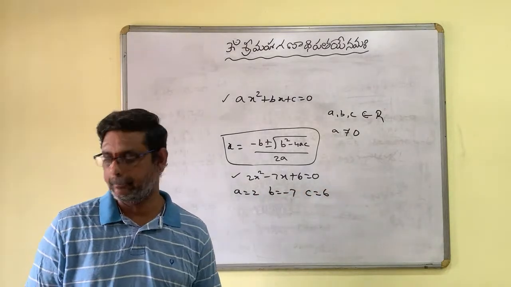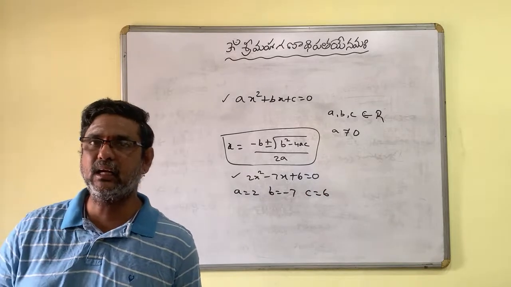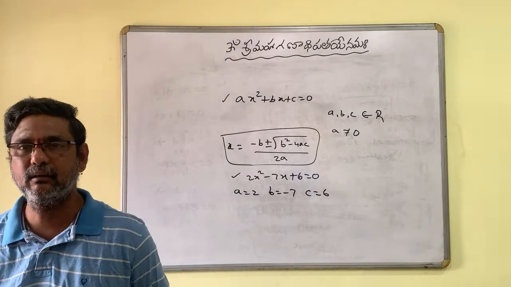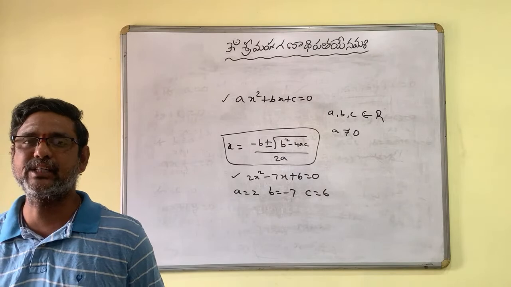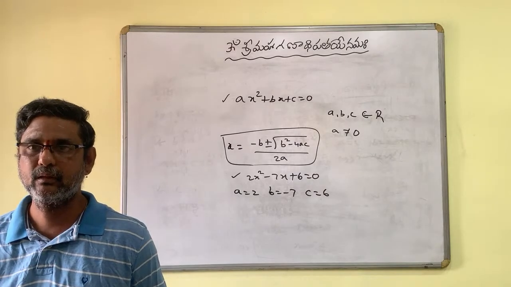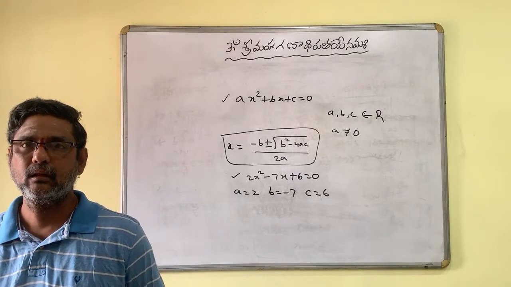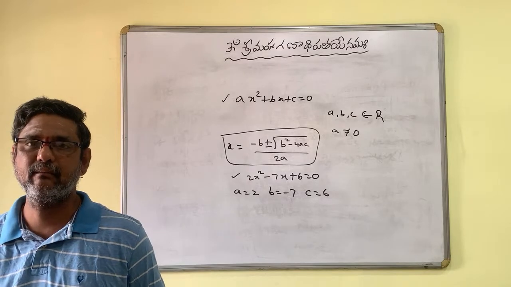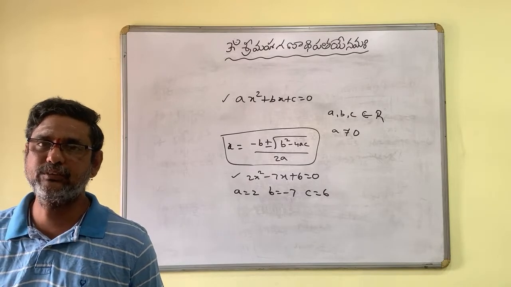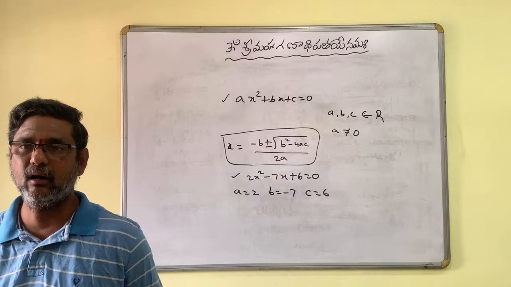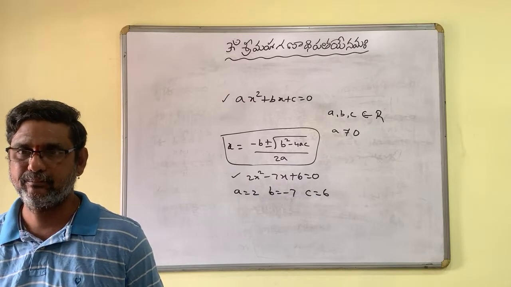Is that right, children? The x square coefficient is a, which is 2, the x coefficient is negative 7, and the constant is 6.